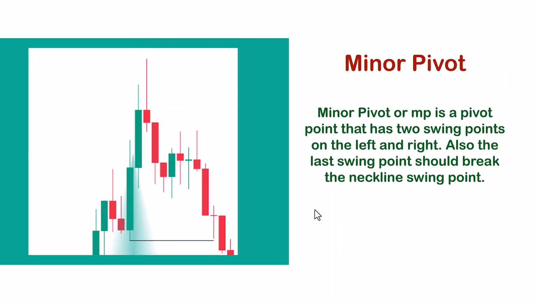A minor pivot is when an SPH gets broken first, and after that, its neckline, the latest SPL that made the last high, gets broken to the downside. It's very simple. Don't confuse yourself.